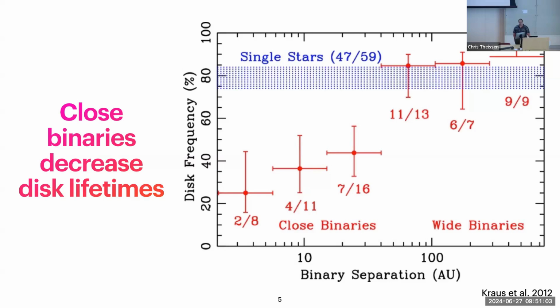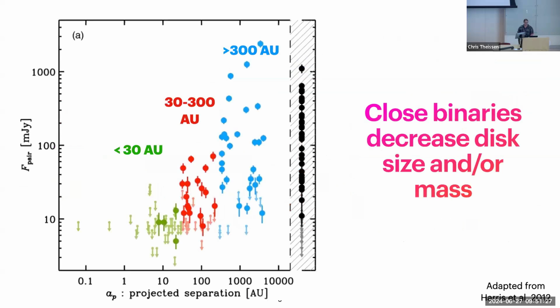The blue band at the top is the single stars, and the red points are binaries at different separations. You can see that the wide binaries have disk fractions that are similar to the single stars, but the close binaries have a steep decrease in the number of disks as a function of binary separation. So this suggests that the closer your binary is, the shorter lived or smaller your disk is.